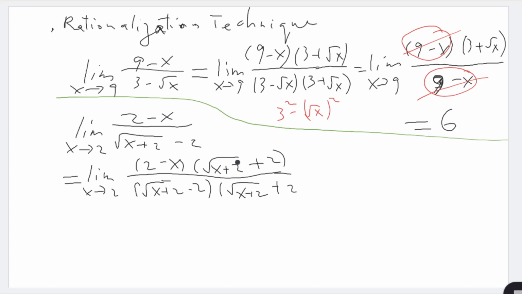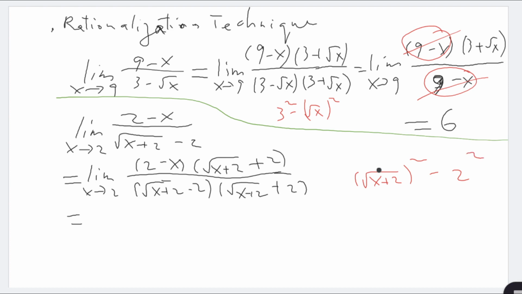All right, so now let's see what happens. When the radical we try to rationalize is multiplied by its conjugate, we use the same formula to try to get rid of the radical. So it becomes the product, square root of x plus 2 squared minus 2 squared.